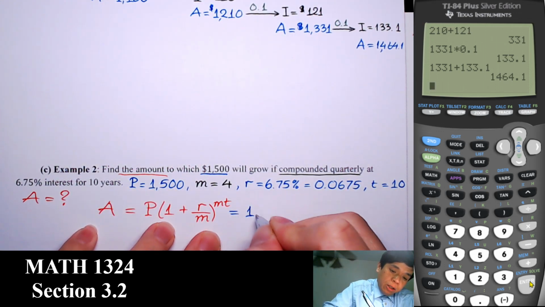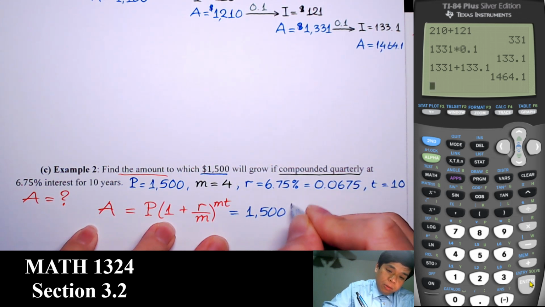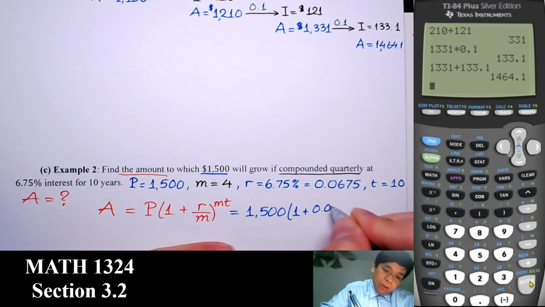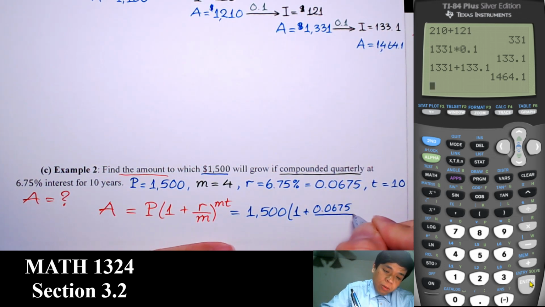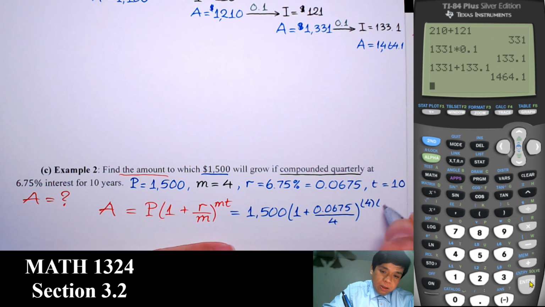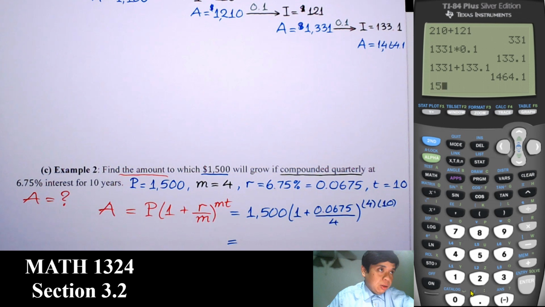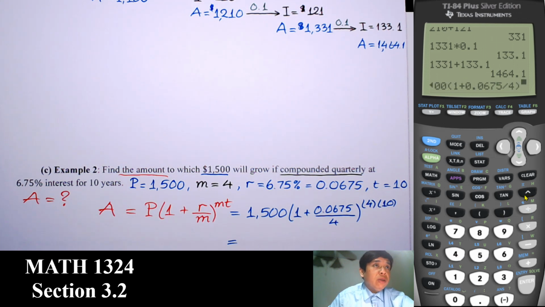So 1,500 times 1 plus the rate over 4, to the power of 4 times 10, right? 1500 times 1 plus 0.0675 divided by 4 to the power of 4 times 10, or you can just say 40.